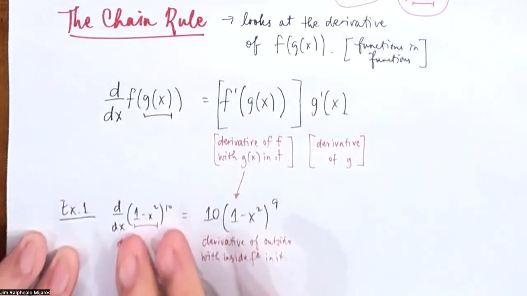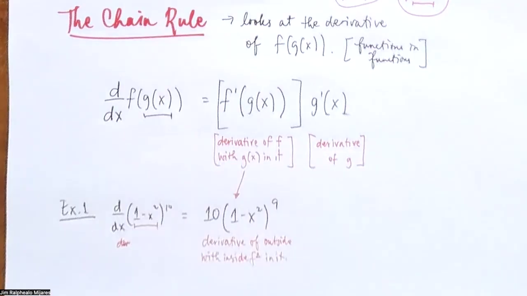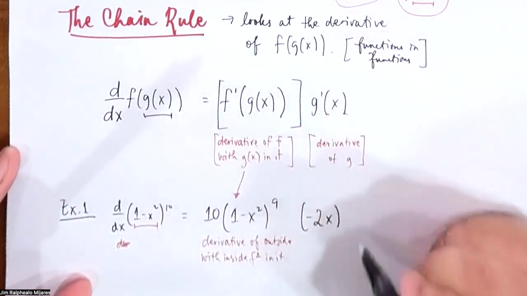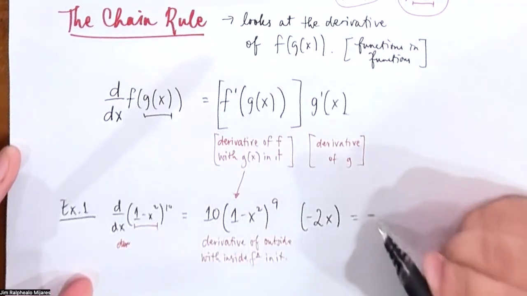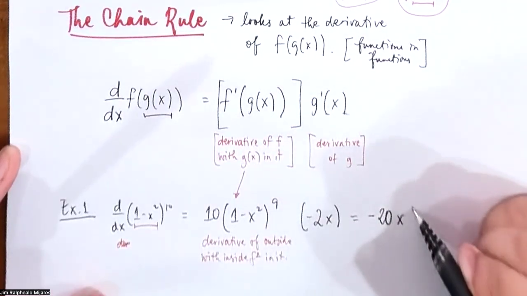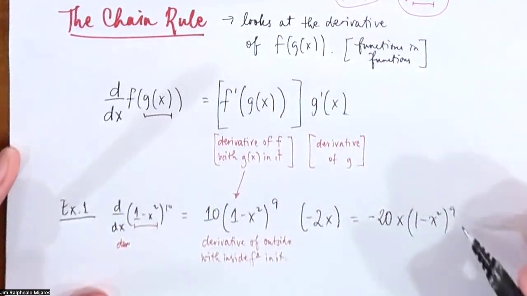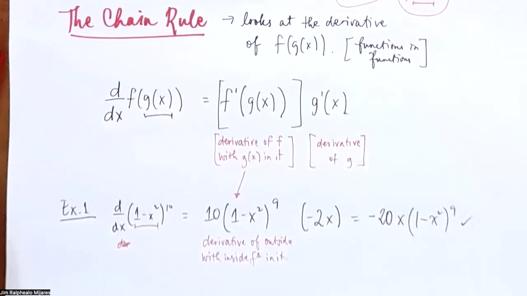And the derivative of this is negative 2x. So the final answer would be negative 20 x times 1 minus x squared to the ninth. Okay, so that's the derivative.